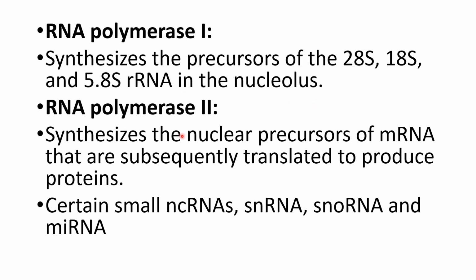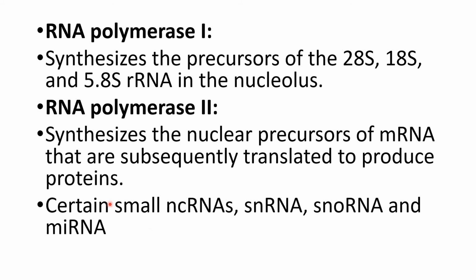The next class is RNA polymerase 2. RNA polymerase 2 synthesizes the nuclear precursor of messenger RNA. It synthesizes the coding RNA, which is messenger RNA. Coding RNA means it is further translated to form a protein. It can also synthesize small ncRNAs, snRNA, nucleolar RNA, as well as microRNA.